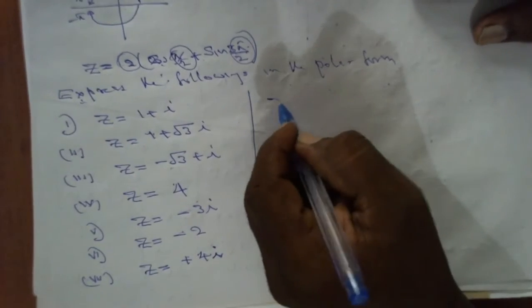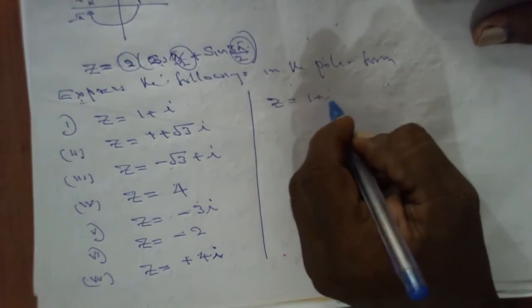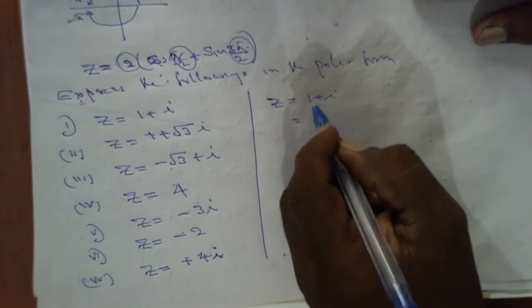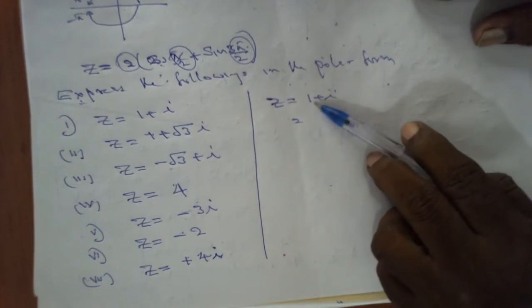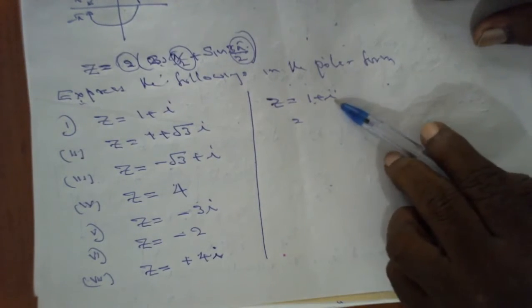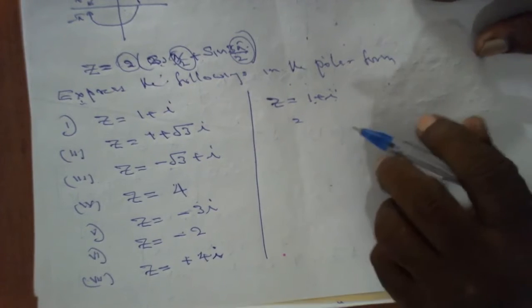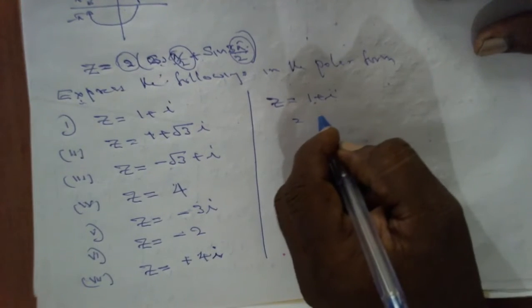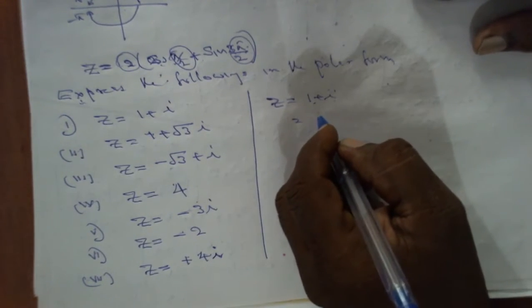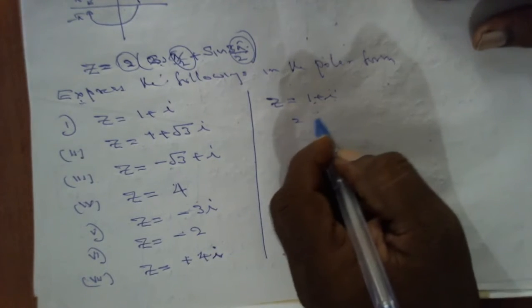If you take C equals 1 plus i, what is a, what is b? A is 1, b is also 1, b is the coefficient of i. Then the square root of a squared plus b squared is the square root of 1 squared plus 1 squared, that is root 2.